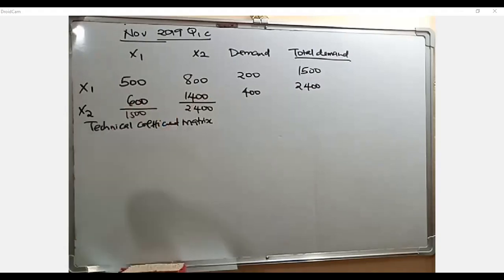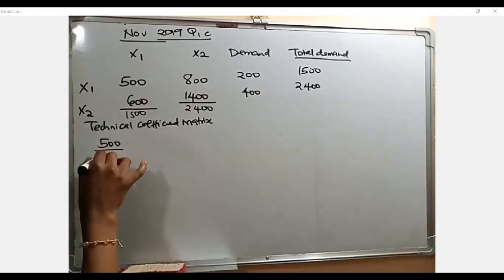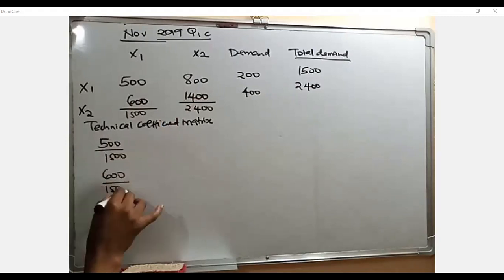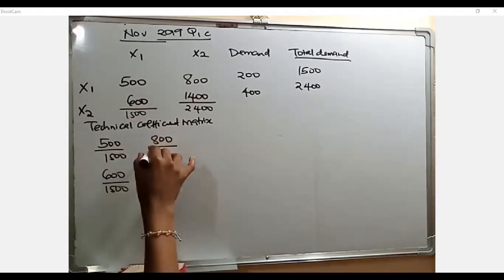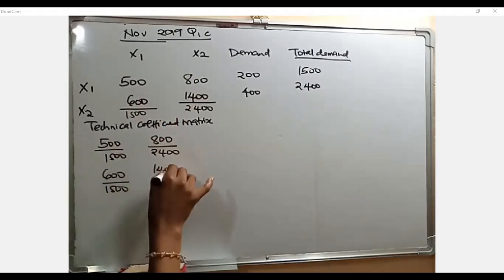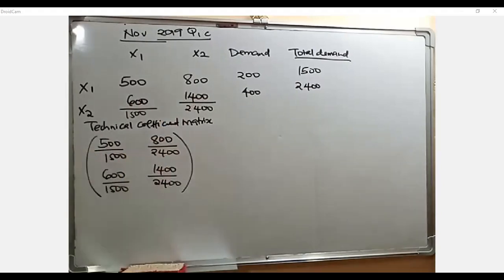When you're calculating your matrix, you take each entry and divide by its total. That is what you do.